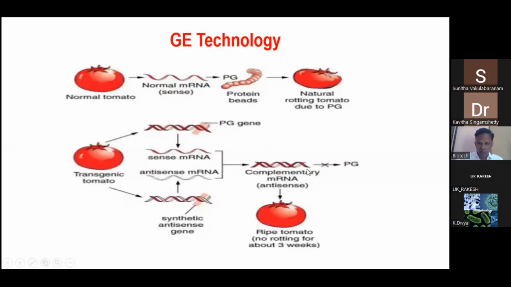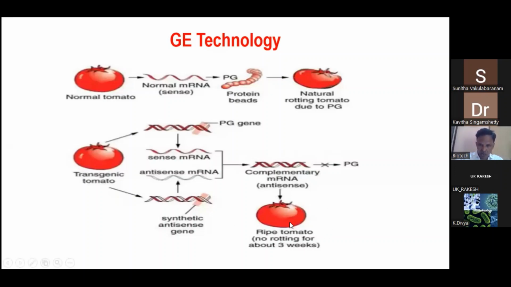As a result, PG, polygalacturonase, is not produced, and you see that this fruit will not ripen or rot. You can store this on the shelf for 3 weeks. Here it was just hardly a week. In summer, 2-3 days.